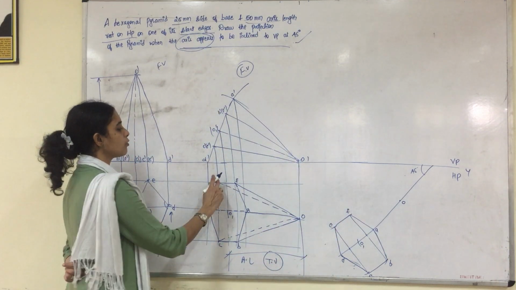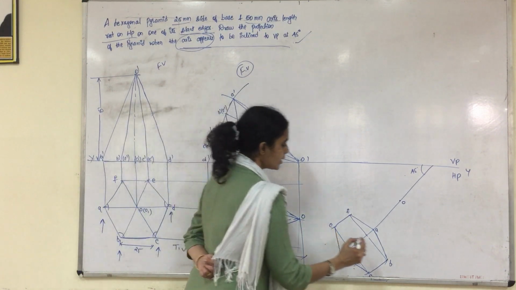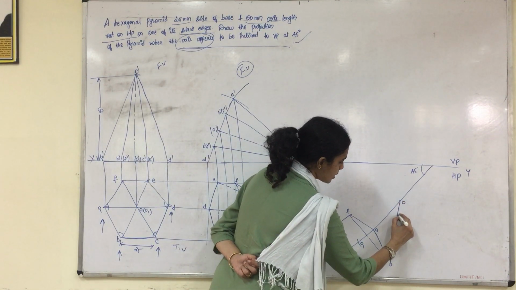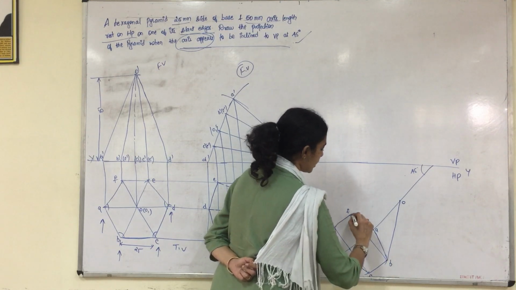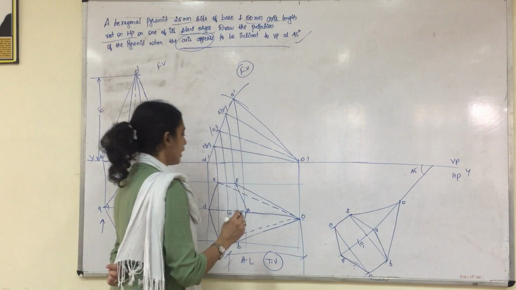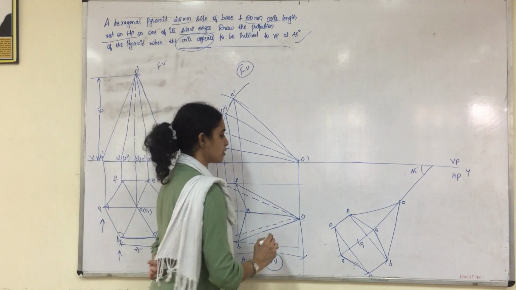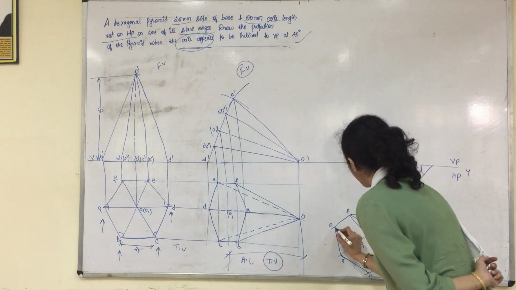So after this, now we have to join each corner to the apex. Right? So O to B is visible. So please join through visible line. F to O is visible. Join through visible line. And later we have projection from E to O which is passing through inside the surface. So this will be hidden.